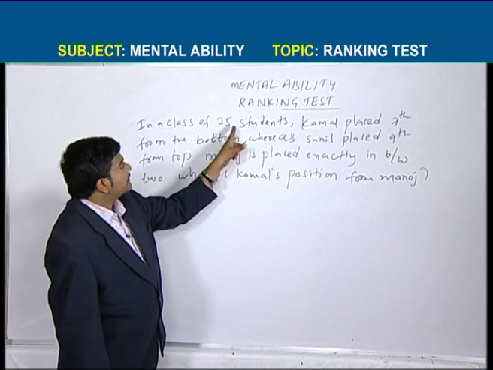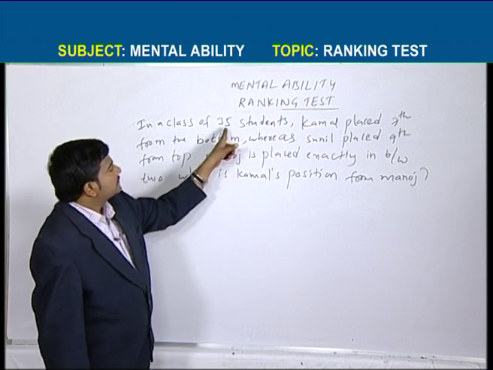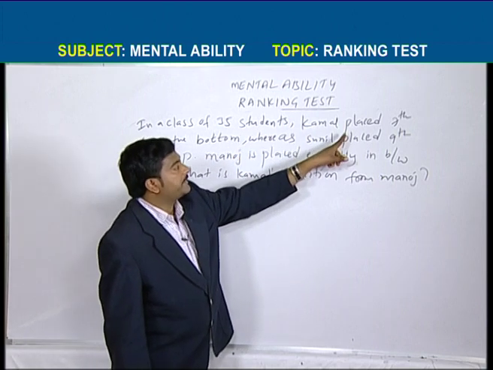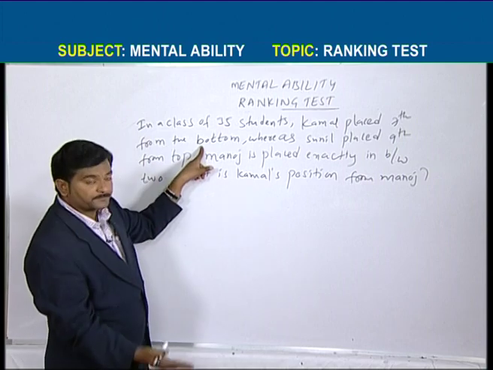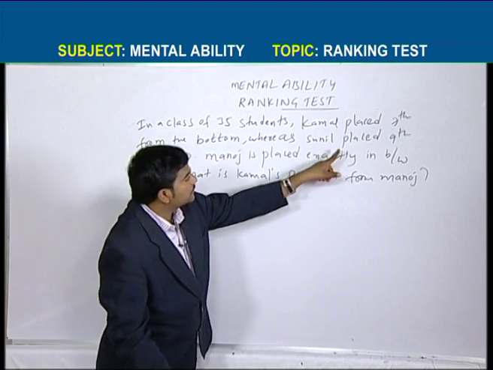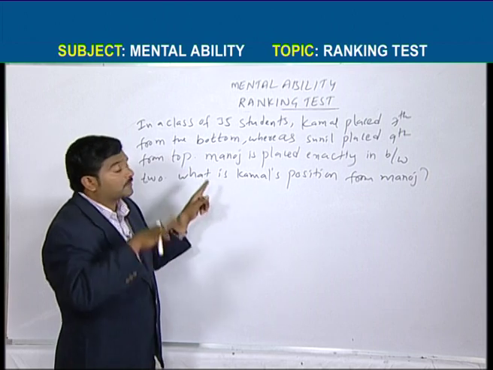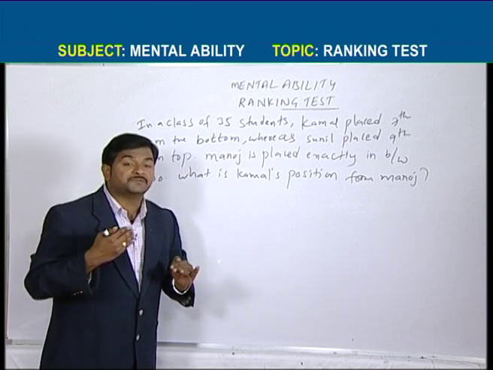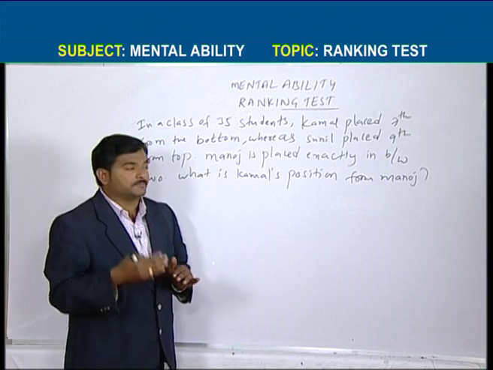Top, bottom, we have just seen in the previous question. One person's position is given. Total how many are there? 35 students.